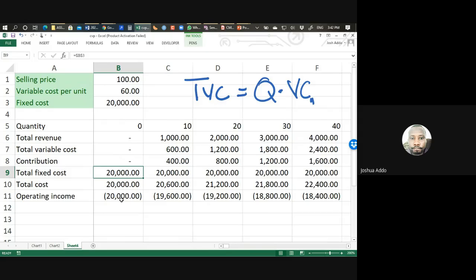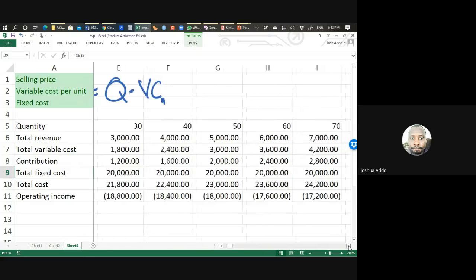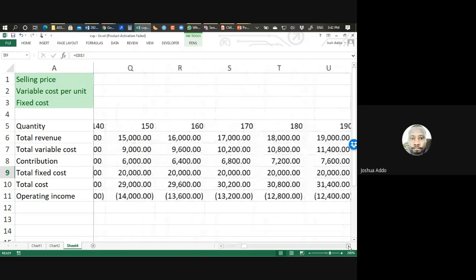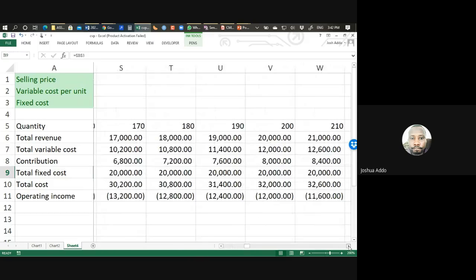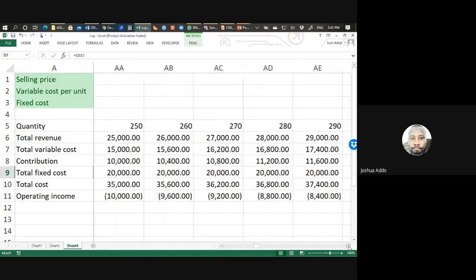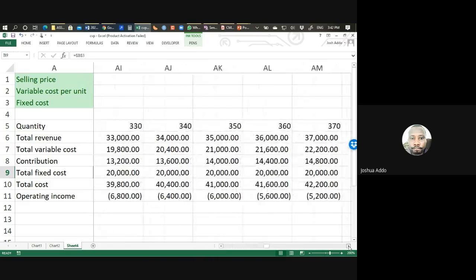We sell 20, profit reduces further. Sell 30, 40, 50, 60, 70, 80, 90, 100, 200, 300, 400, 500.